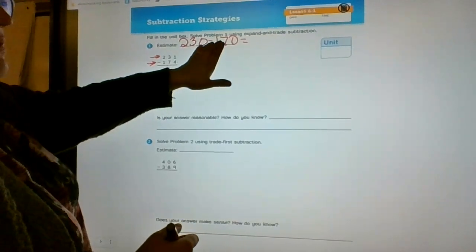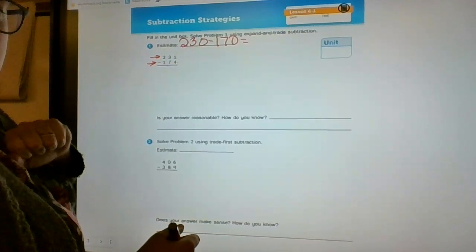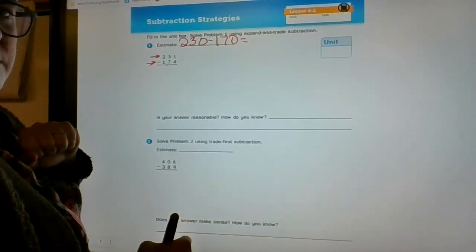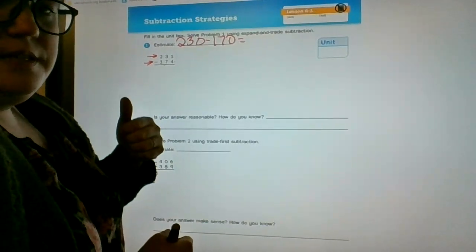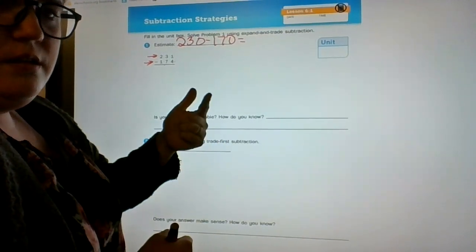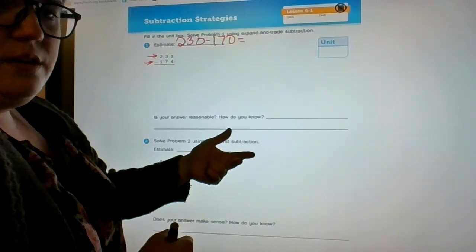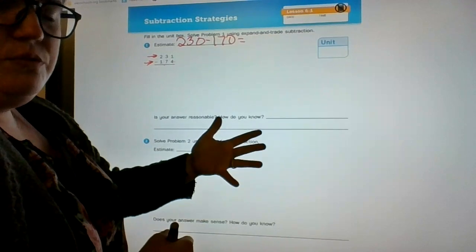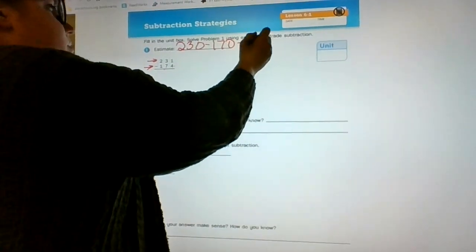But really, all you have to do is start at the smaller number and count up to your bigger number. So we're going to start at 170 and count to 230. So 170 to 180, 190, 200, 210, 220, 230. So I have 6 fingers up. So that means it's a difference of 60.